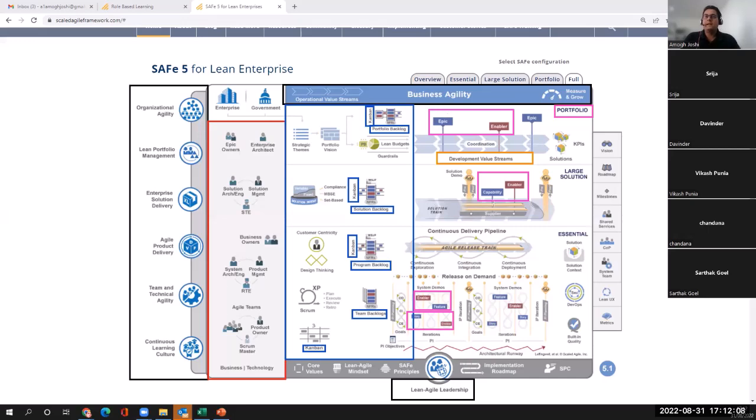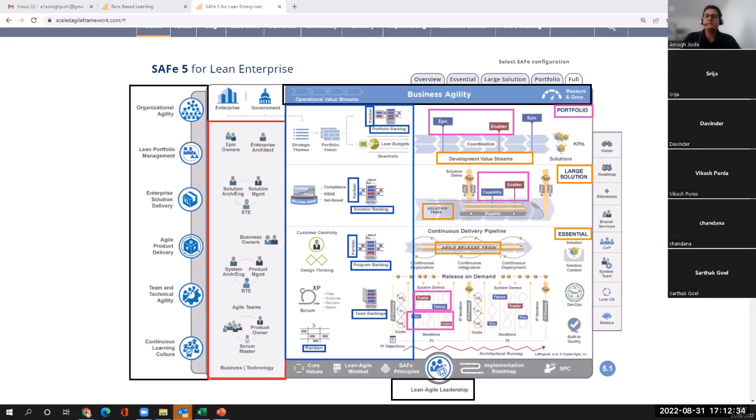At large solution level, which is another level of SAFe, we have solution trains. People are organized around solution trains, and solution trains deliver capabilities which are stored in the solution backlog. For SAFe Essential, which is the most basic building block of SAFe, we have agile release trains.